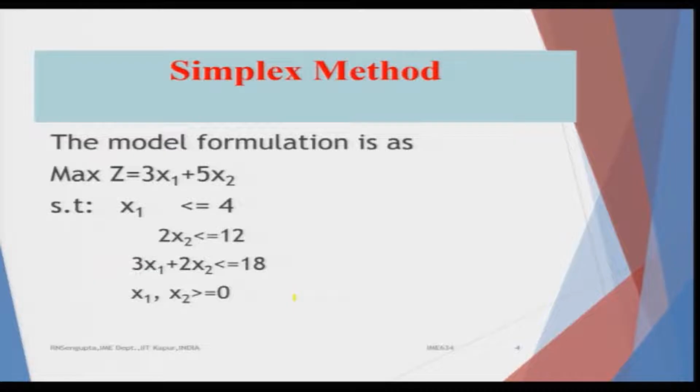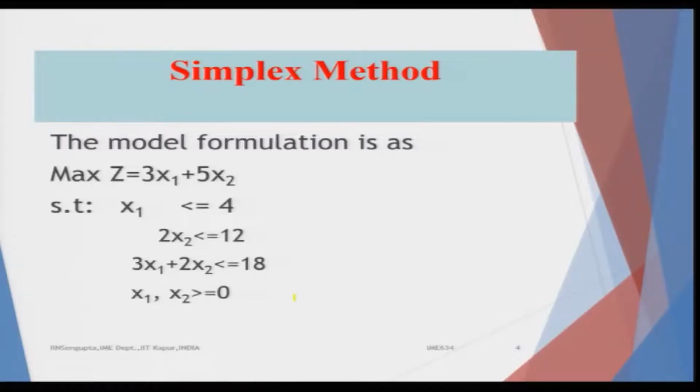If you remember, I mentioned that plant 1 can only produce product 1, plant 2 can only produce product 2, while plant 3 can produce both of them. So, if I bring them into the situation, it will be x 1 is less than equal to 4. Then 2 x 2, because we are utilizing 2 units from plant 2 to produce 1 unit of product 2.